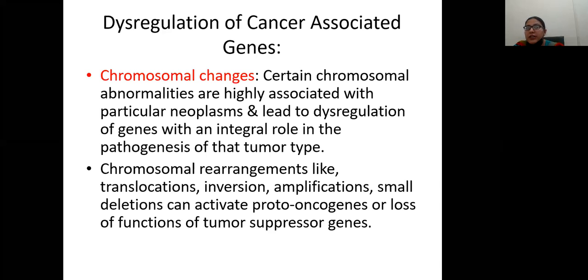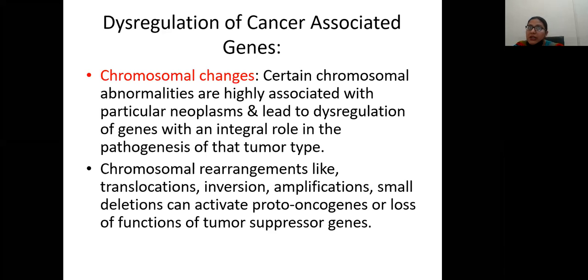Then we discussed different types of mutations and different genes that play a role, like tumor suppressor genes. And now we are discussing the chromosomal changes. Certain chromosomal abnormalities are highly associated with a particular neoplasm and lead to dysregulation of a gene with an integral role in the pathogenesis of that tumor type.